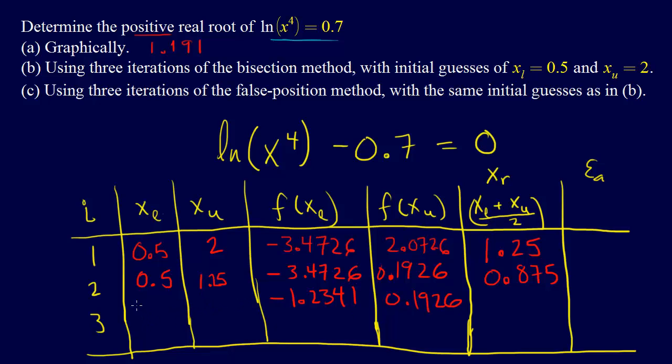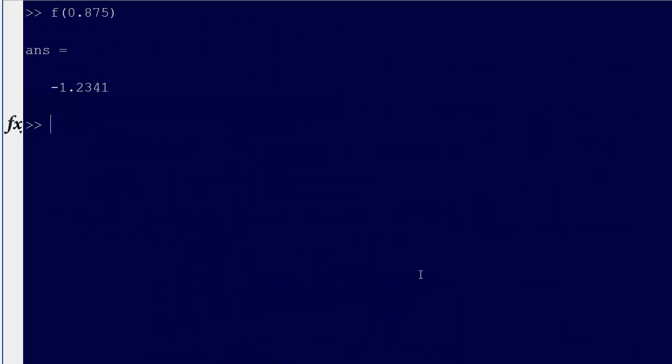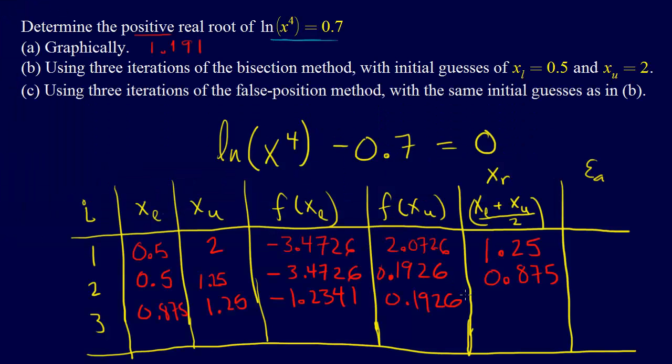The new bracket is 0.875 and 1.25, so the average is 0.875 plus 1.25 over 2. It beeps at me because I didn't do that. That's 1.0625.